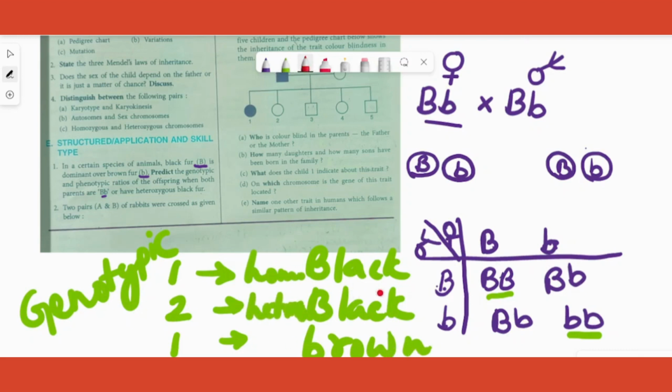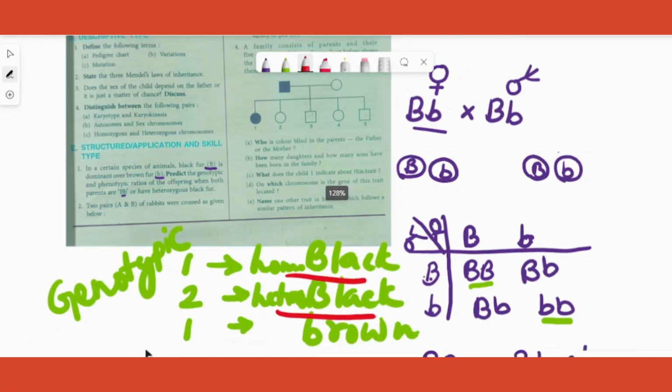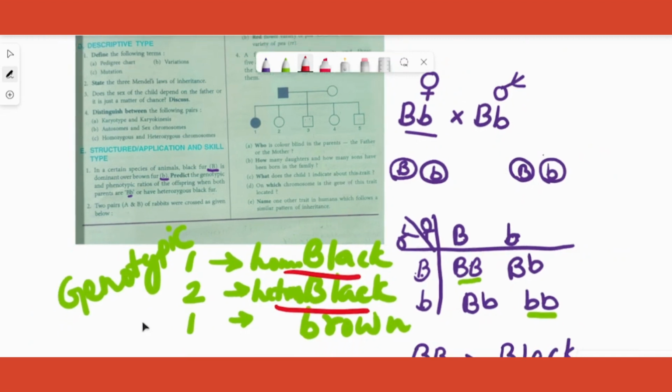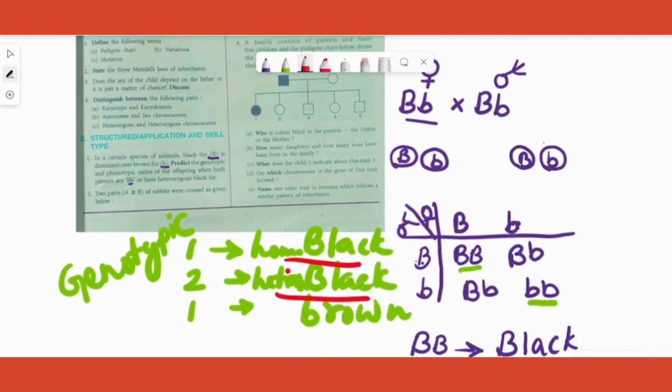So how many black now? 3 black. This is also black, this is also black. Therefore, you get the phenotypic ratio. Whatever you are able to see is called the phenotype, isn't it? So the phenotypic ratio would be 3 black to 1 brown. I hope that is clear.